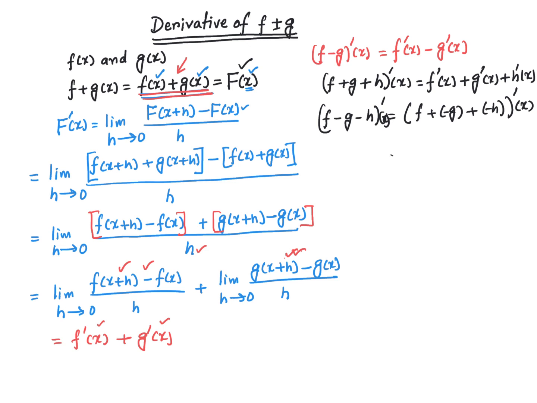By converting the subtraction into addition, I can go ahead and apply this formula and find the derivative, and it'll work the way we expect it to. So this derivative is going to be f prime of x minus g prime of x minus h prime of x. Once again, you can extend this idea to an arbitrary number of functions.